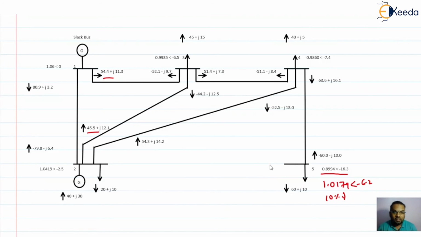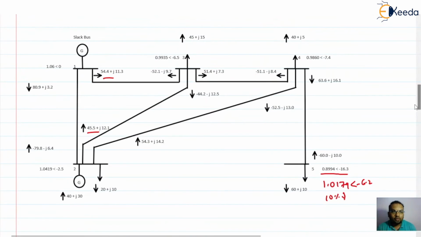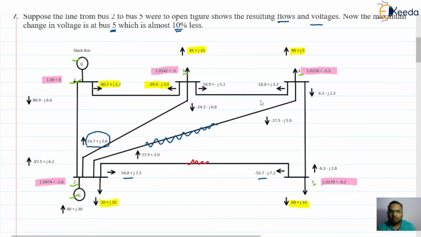Again, this is related to the things where we have a line outage. One more thing is possible, that a generator failure will occur. So what happens when the generator failure occurs? For the 5 bus system we have considered, there are 2 generators.